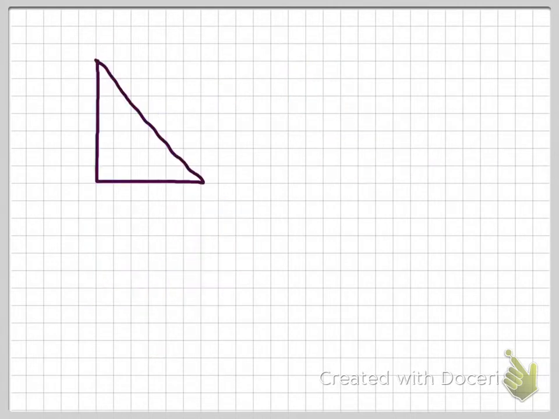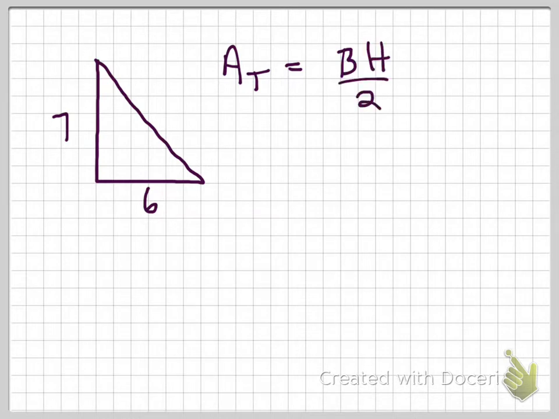Okay, so in this shape we have a base of 6 and we have a height of 7. So if I set up my area of a triangle formula, I would have my base times my height, and I'm dividing that by 2. So now I'm going to have my substitution step.